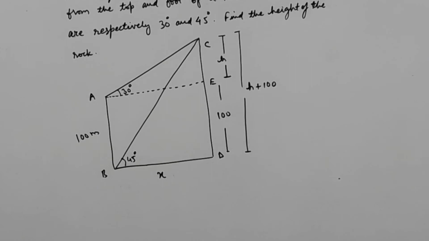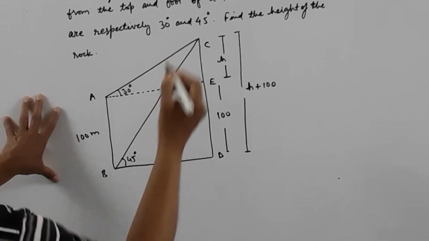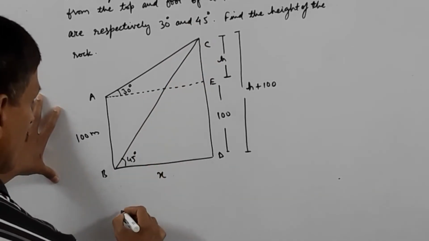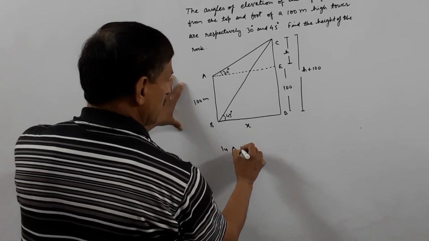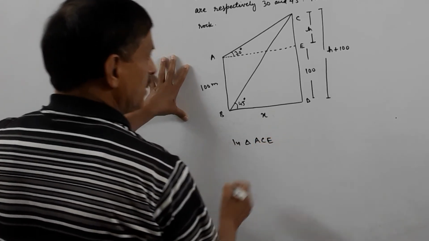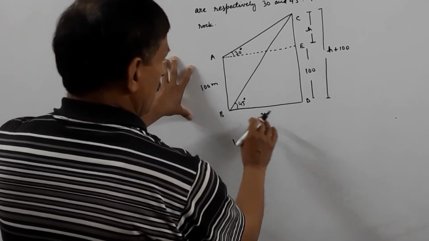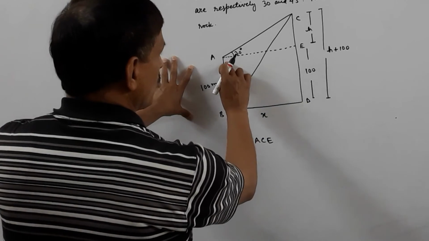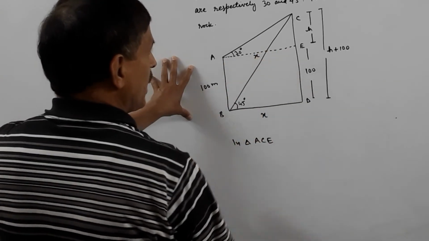Now we consider the triangles. First, in triangle ACE, BD is equal to x, so AE is also equal to x.